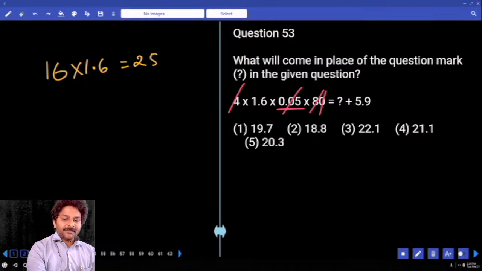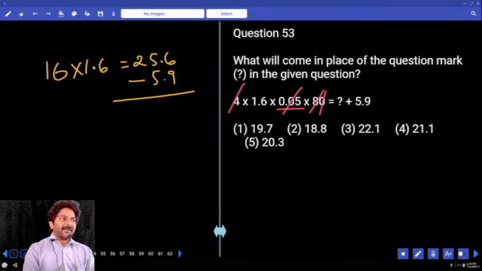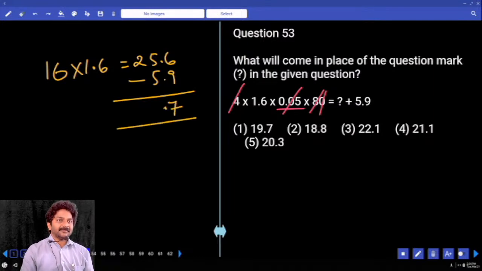Now keep the decimal. 25.6. Right hand side number 5.9 comes to left hand side. First subtract 5.6. First number is 20. Again you need to subtract 0.3. That means answer must end with 0.7. Yes?